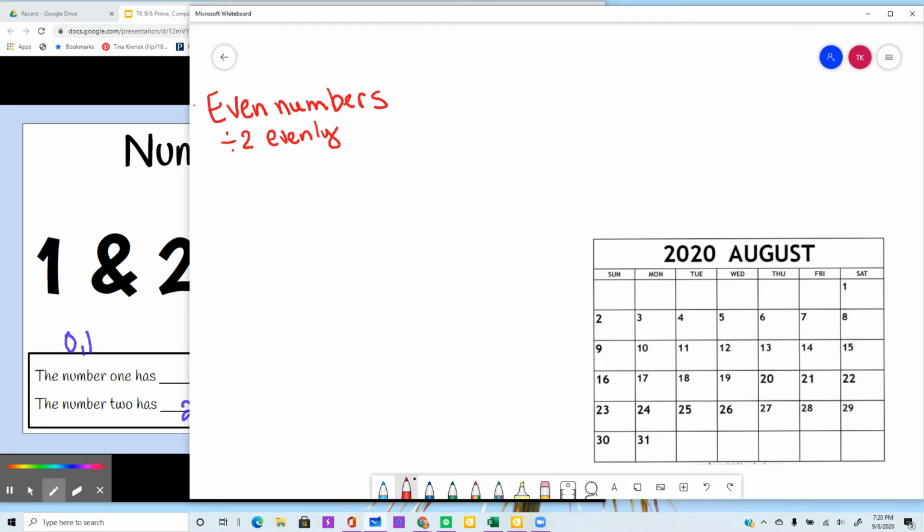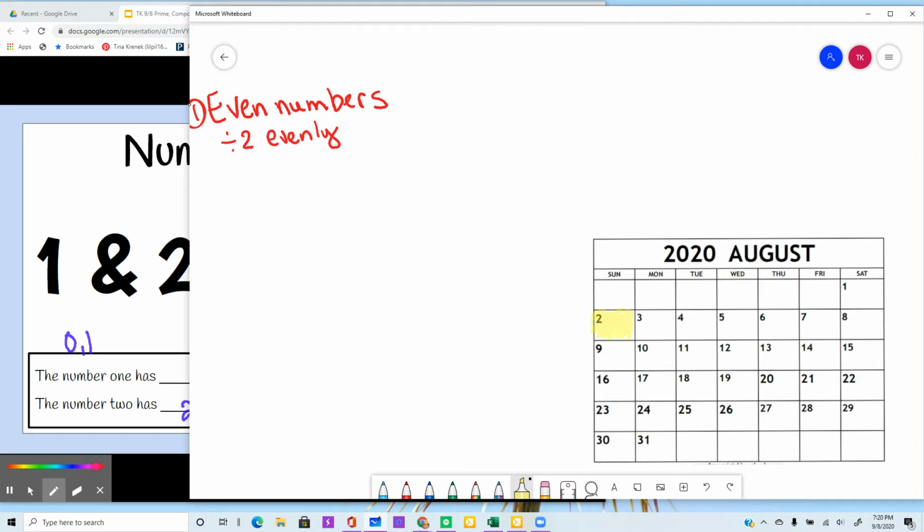Even numbers are not prime, they're composite, with the exception that 2 is our first prime number.